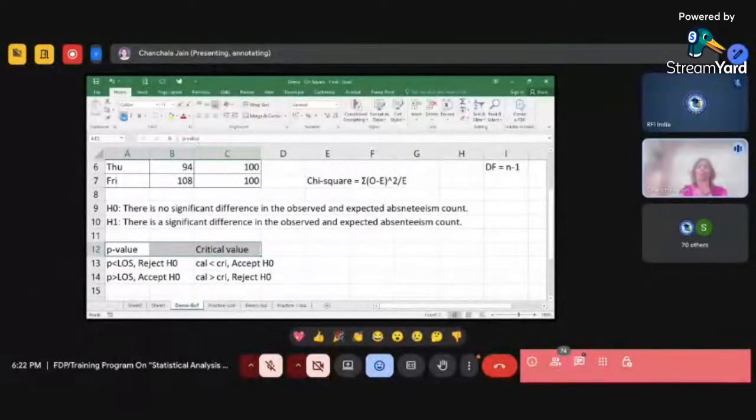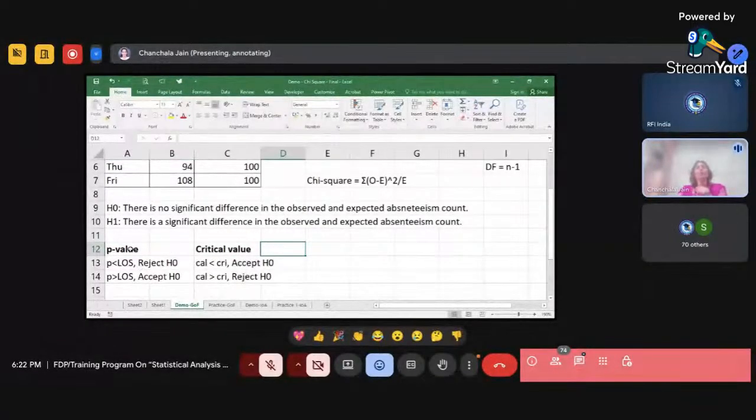But being the facilitator of this program, I need to tell you, those who are new, because nowadays we are using software for testing our null hypothesis, we are selecting the p-value approach, right? So if you are new, you can keep only one approach in your mind. But if you are well aware of the second approach also, it is no problem.